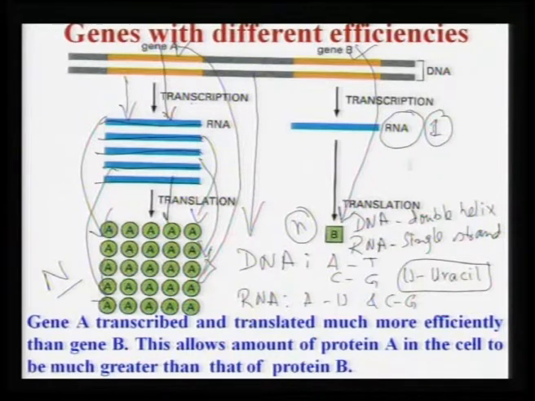From translation of RNA to protein, it forms a huge number of A protein molecules, but for gene B only a few B protein molecules are formed. What does it mean? That means gene A is highly efficient compared to gene B, or in other words gene A can be expressed more than gene B.